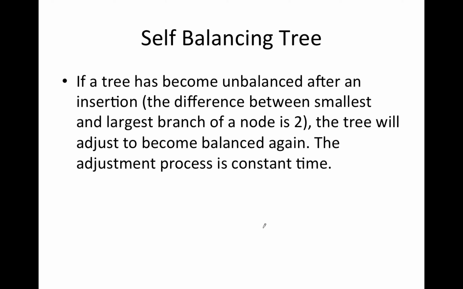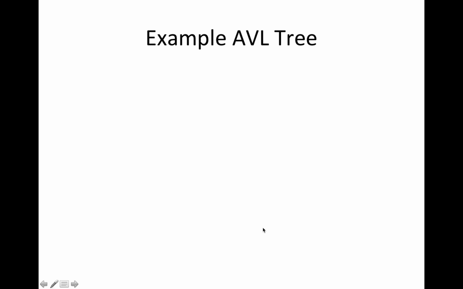So let's take a quick example of a self-balancing tree. One such tree is called an AVL tree, named after its founders. So this tree at this point is balanced because the left subtree is 0 while the right subtree is 1.